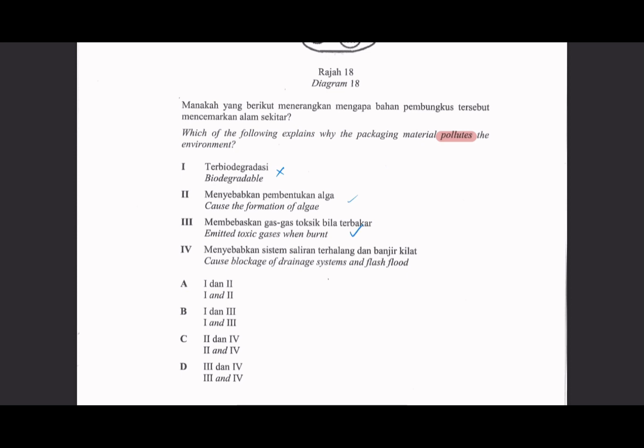Yes, this one is correct. Cause the blockage of drainage. So definitely yes. Okay, 2, 3, 4. Okay, we don't have the 2, 3, 4. Our answer is 3, 4. The cause of formations of algae normally is caused by the excessive fertilizer. So in this case, this is the polymer. So the correct answer, 3, 4.